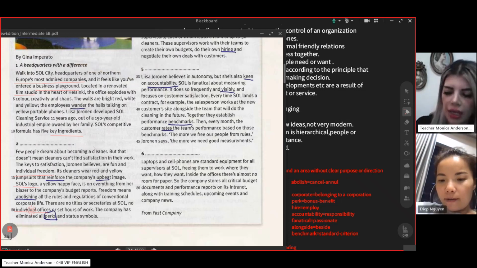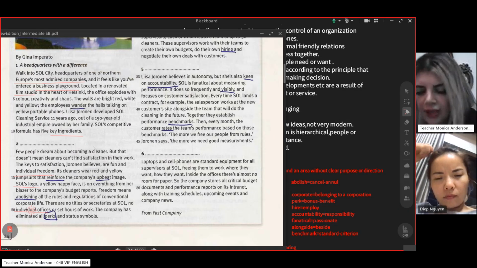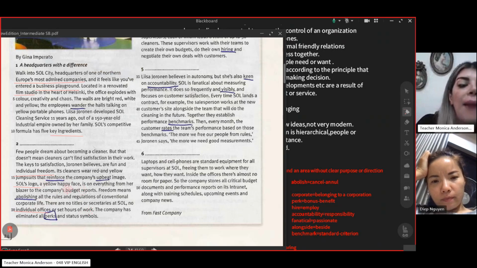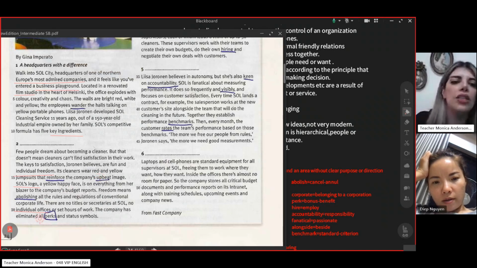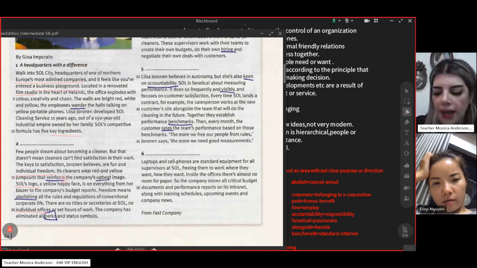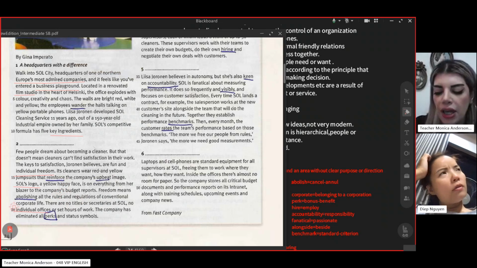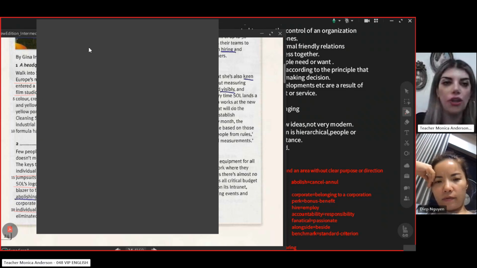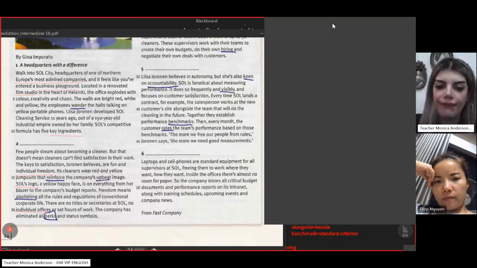Happy is an adjective, really. We are talking about two nouns. But individual outfit is noun and noun, so it's okay. But status symbol, of course, you need to consider something. Some words can be noun, can be adjective, can be verb.